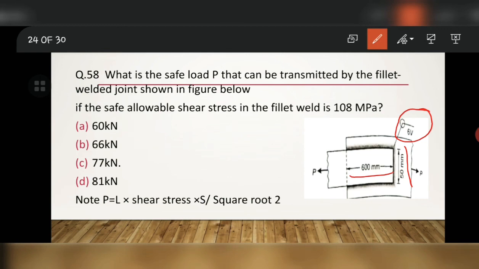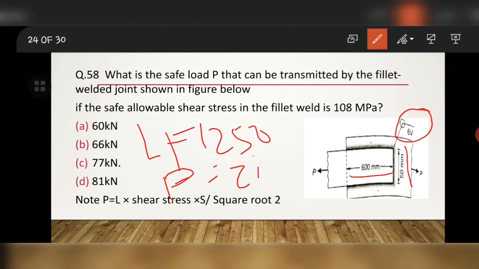So total length will be 600 plus 600 is 1200 and 50 mm, 1250 mm your total length, and we will calculate load is equal to stress into area. Stress given 108 MPa, area is your length into size of weld divided by √2. So friends, this answer we can calculate 77 kilonewton.